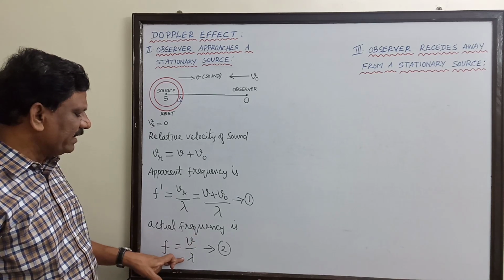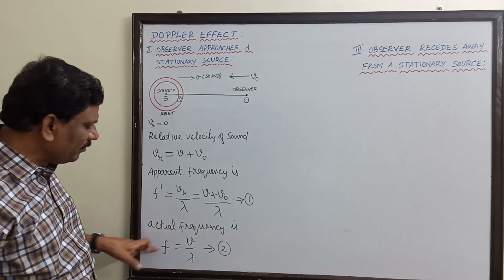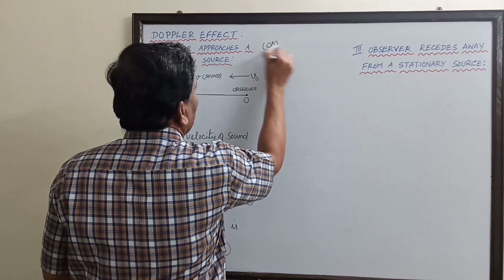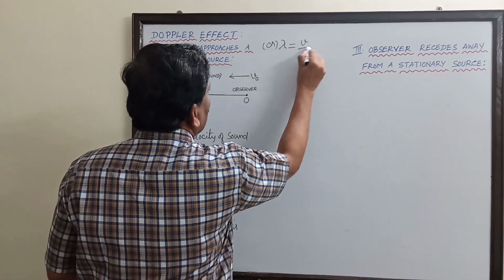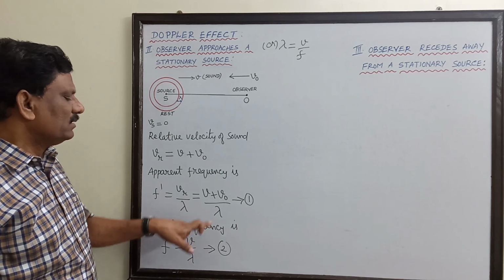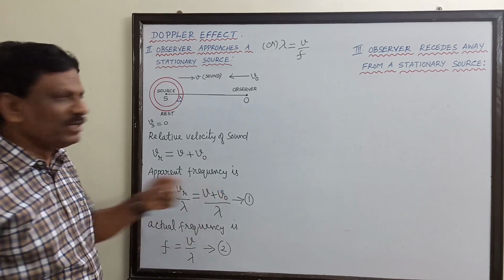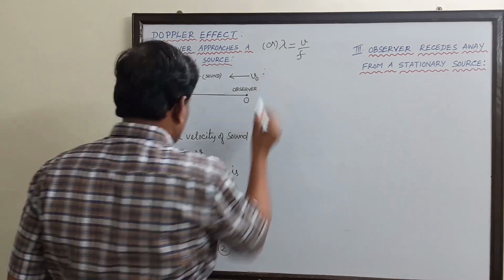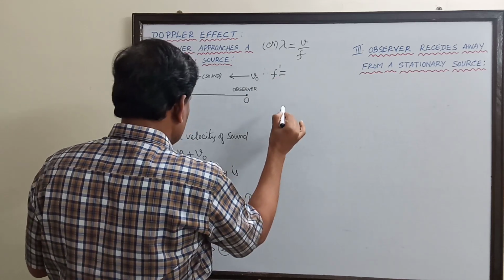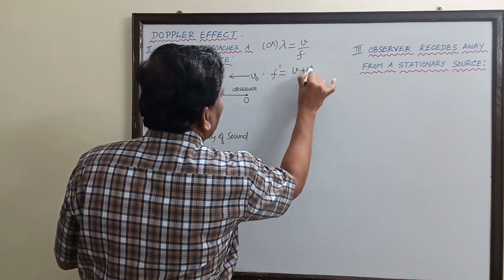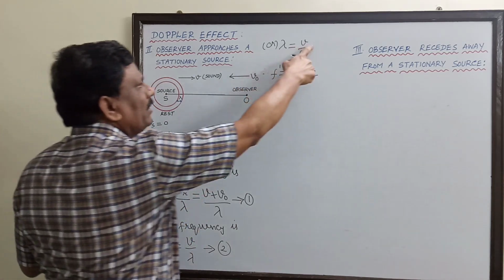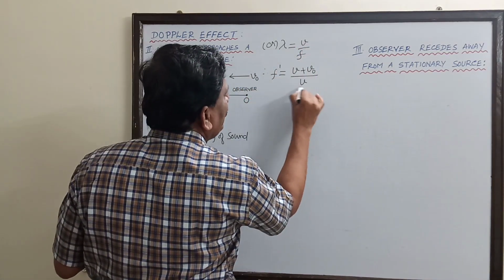So lambda is also equal to V by f from equation 2. That I am going to substitute for lambda in equation 1. Therefore now f dash is equal to V plus VO divided by, in place of lambda, V by f.